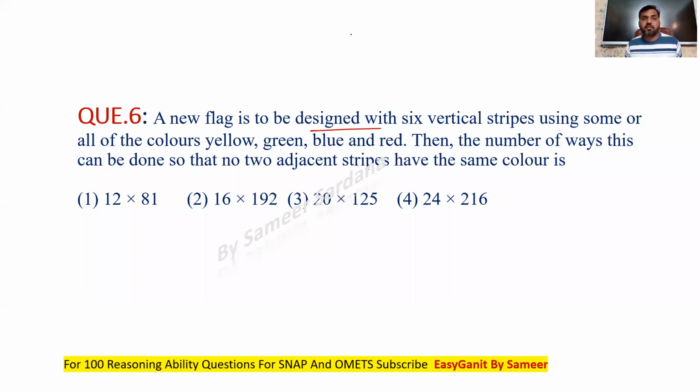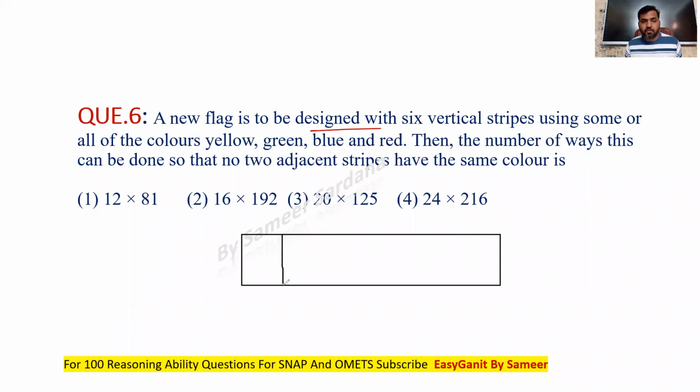So guys, we have to design a flag with 6 vertical strips, right? 1, 2, 3, 4, 5, and 6. These are the 6 vertical strips that we have. And we have an option of using any of the colors, right? Either it can be yellow or green or blue or red. The condition that I'm supposed to satisfy is that no 2 adjacent strips should have the same color.